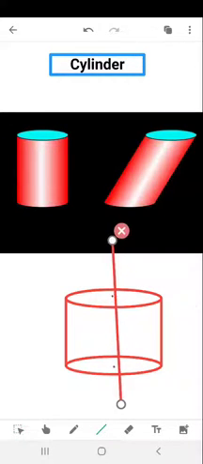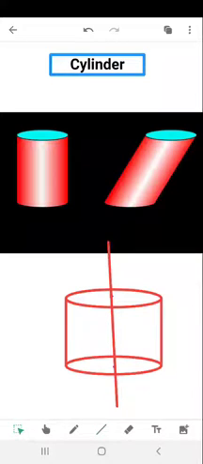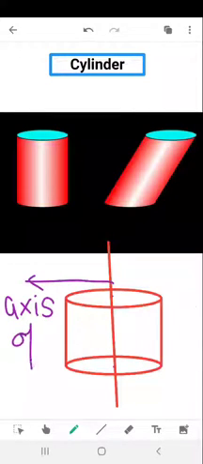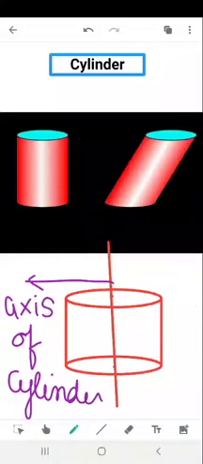This line is called the axis of the cylinder. This axis is around which the cylinder is formed.